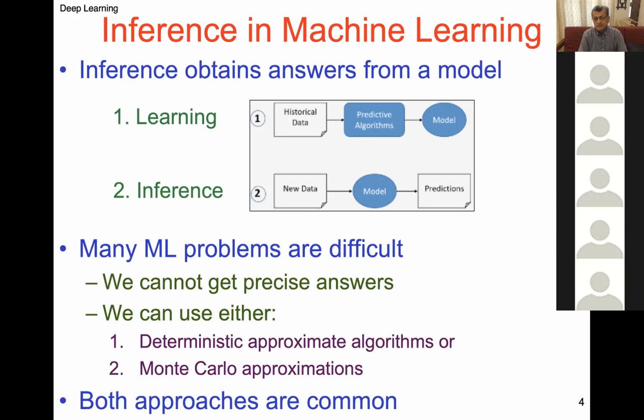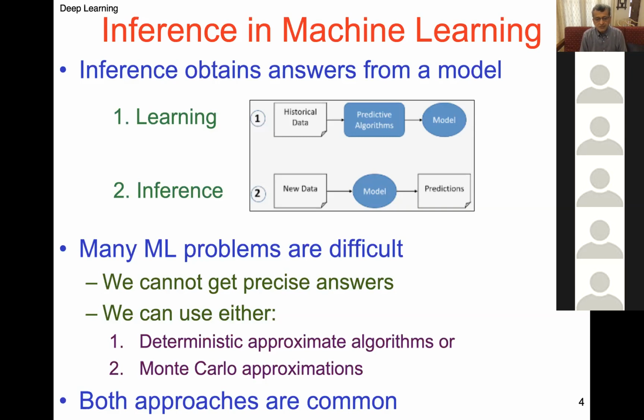So learning is to determine a model from samples. Inference is when I give you some new data, we want to use the model to make a prediction. For instance, historical data could be supervised learning data with inputs and labels. We construct a model, whereas an inference method would take that input data and figure out what the label should be.